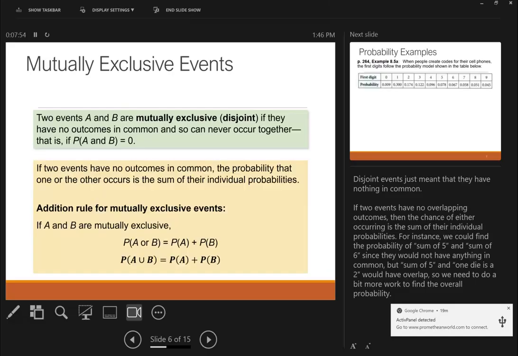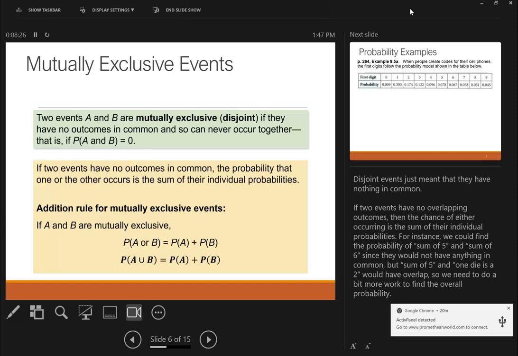So if I have the union of two mutually exclusive events, I can count the number of things in that union just by counting the number of things in A and then counting the number of things in B. Similarly, if I want to calculate the probability of a union of mutually exclusive events, I can just add the probability of A to the probability of B. Everybody's okay with that?